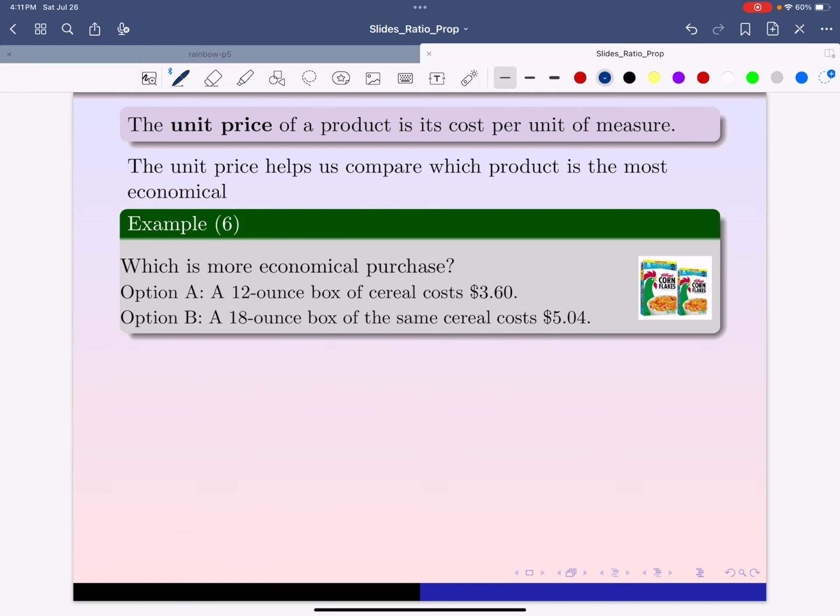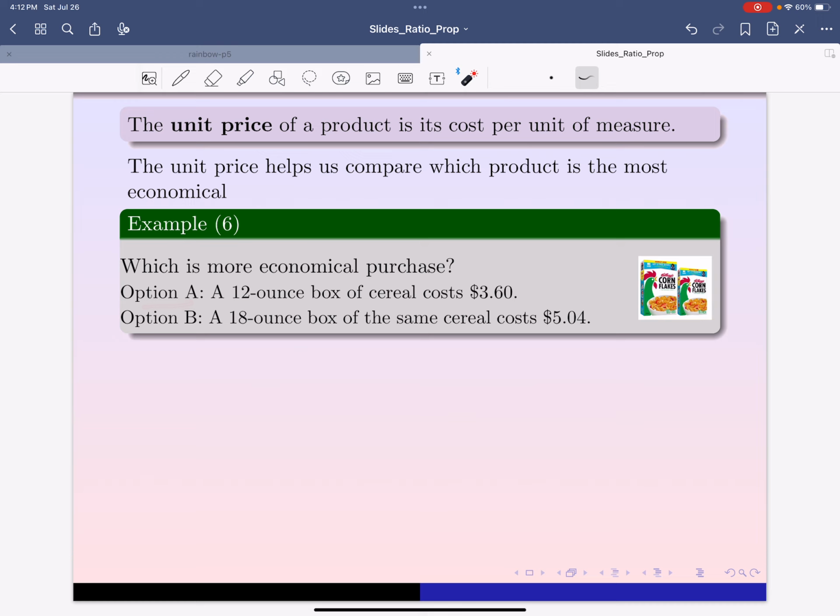The unit price of a product is the cost per unit measured. The unit price helps us compare which product is the most economical. If you know how much it costs per 1 unit, then you can compare different prices. For example, which is the more economical purchase?